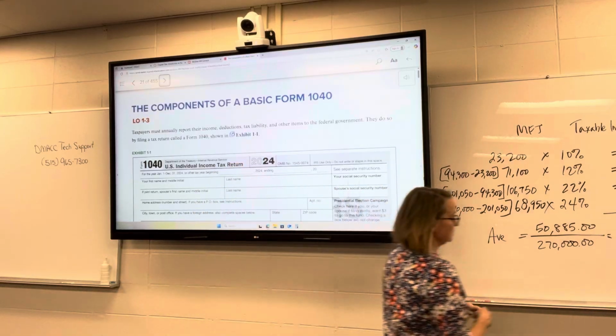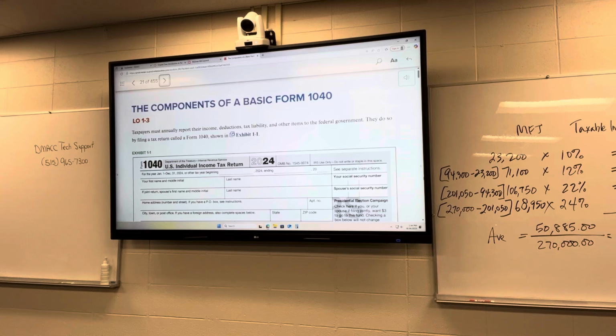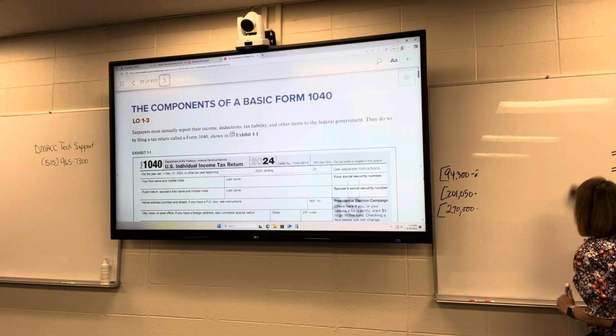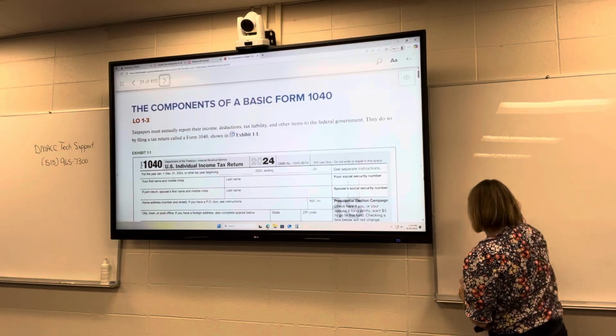Okay, so like I said, that's our simplified tax formula. Bear with me for a minute because I'm going to put that formula up here so you can see how this works.